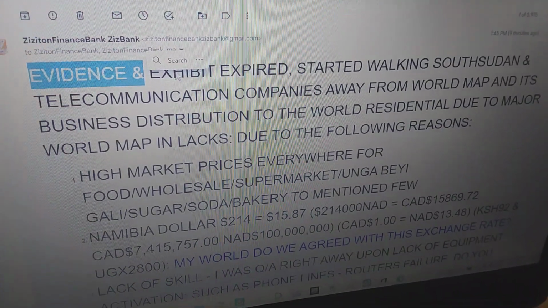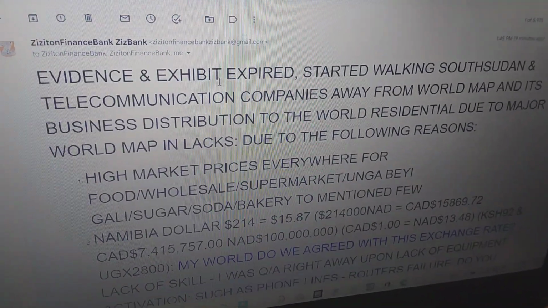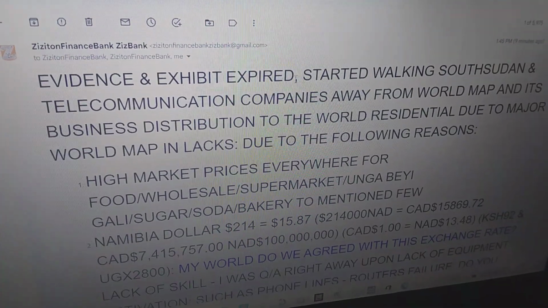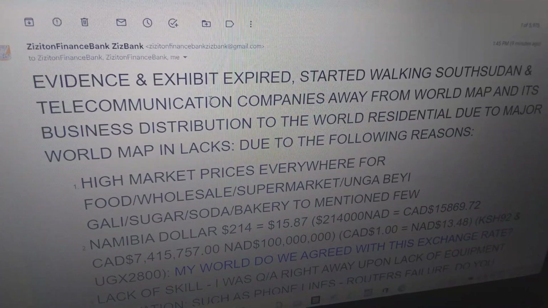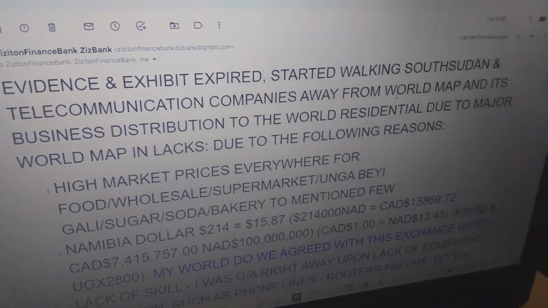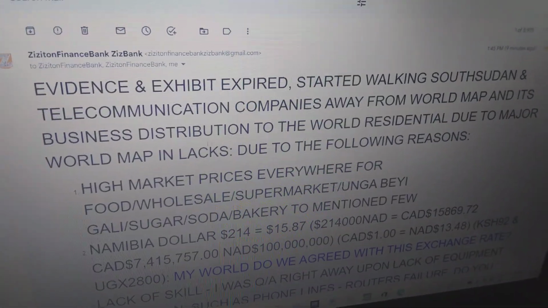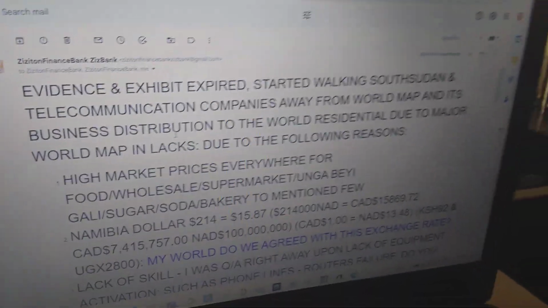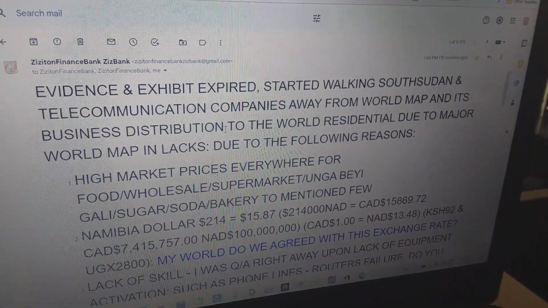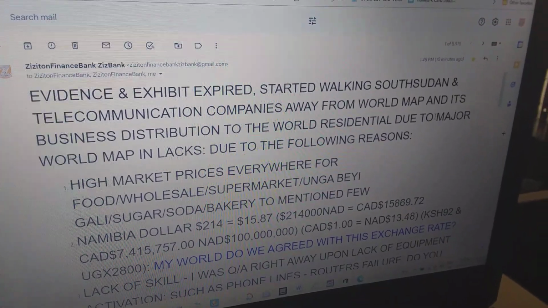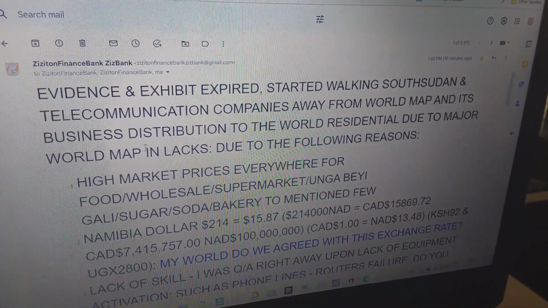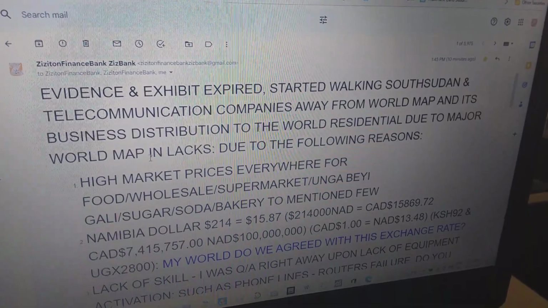Evidence and then evident and exhibit, of course expired. We started working of course with Sudan and the telecommunication companies, away from the world map and its business distribution to the world, which are residential, due to the major world map in lakhs.